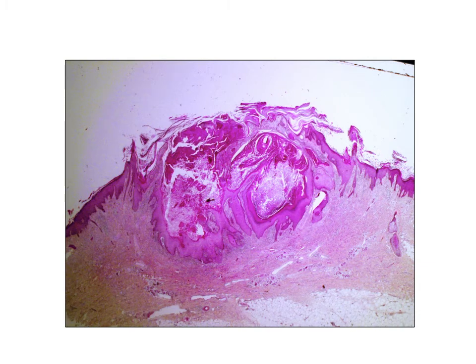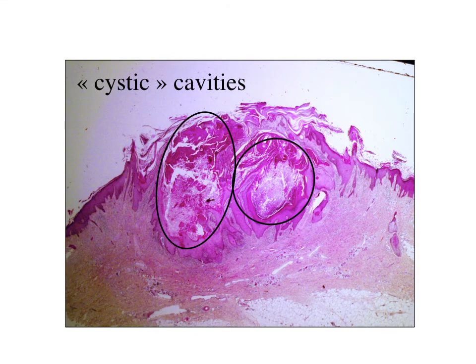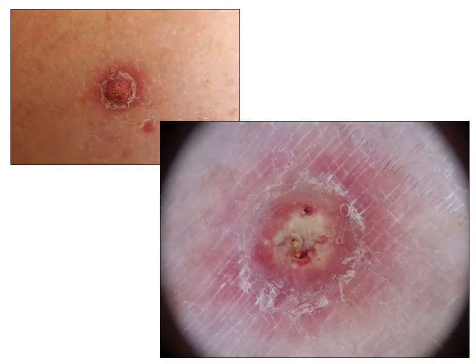In some cases, these plugs go deeply into the dermis and produce cystic cavities. These cystic cavities are filled with keratin, but since the keratin is not exposed to air, it's not orange, it's whitish. And this is what is observed in this lesion.